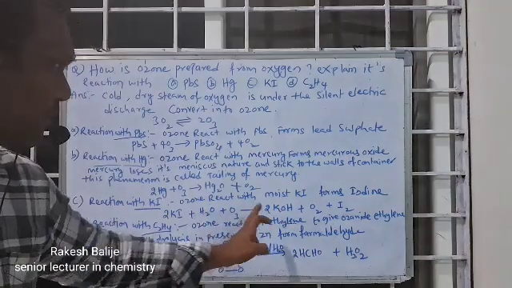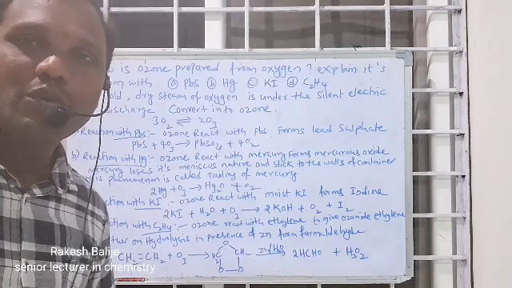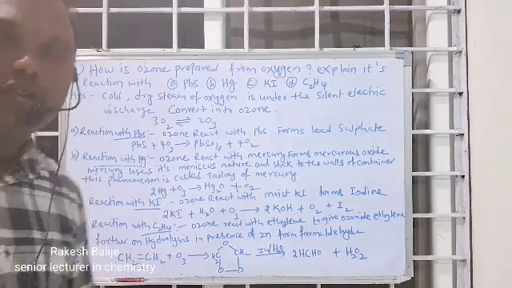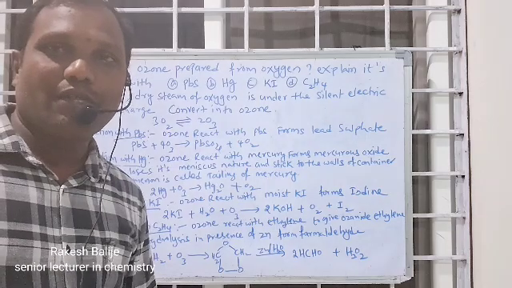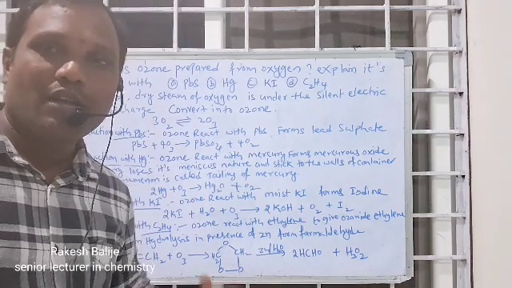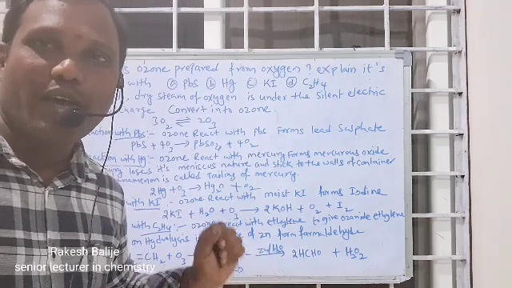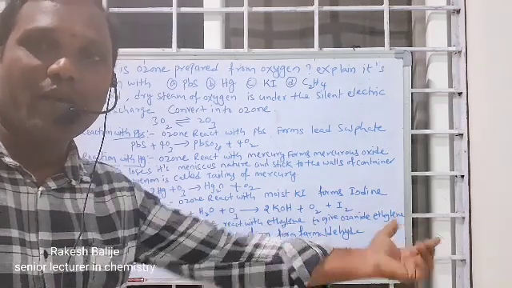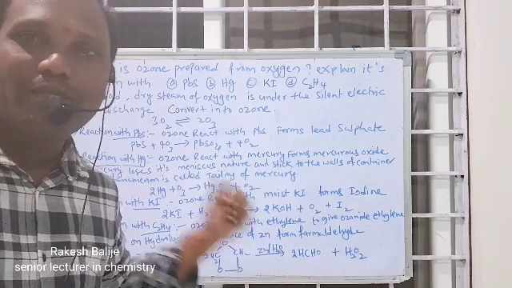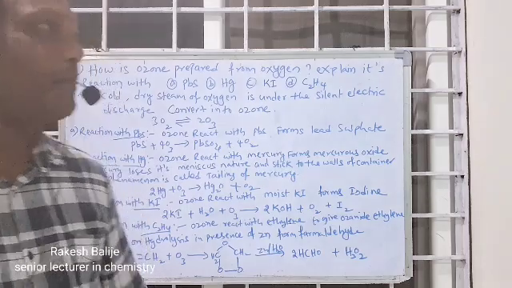Hydrogens are 2, so they are 2 in the form of KOH. This is the reaction of ozone with moist potassium iodide, liberating iodine. That is a simple statement. Reaction is given. Okay, now reaction with ethylene.